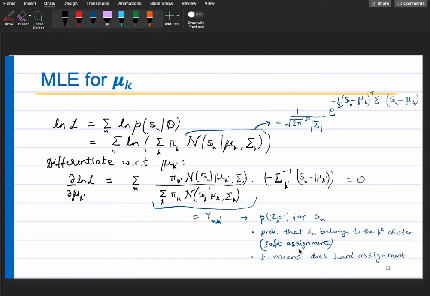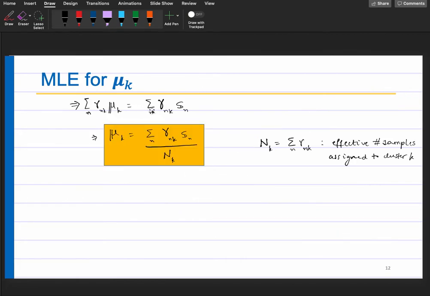Okay. Now I have to just solve this equation for mu k dash, which is very simple. Sigma k is common. It is not a function of n, so we can throw it away. Only this gamma thing is a function of n, so I cannot take it outside the summation. So what remains inside the summation is only this gamma term, S and mu, right?